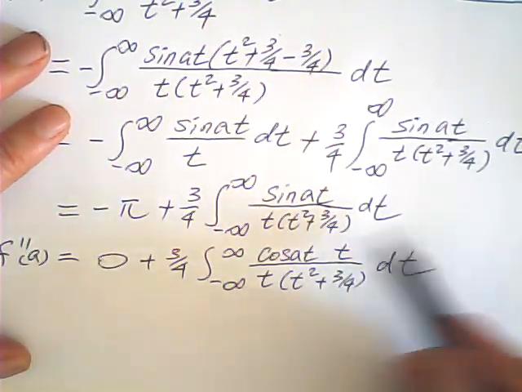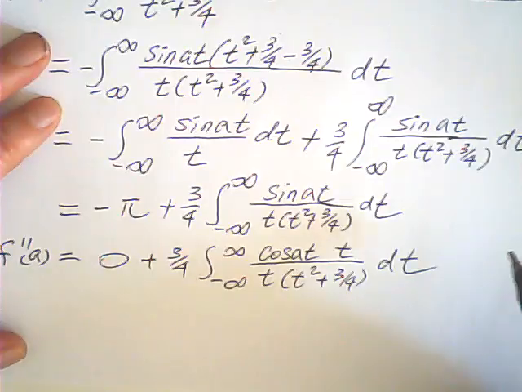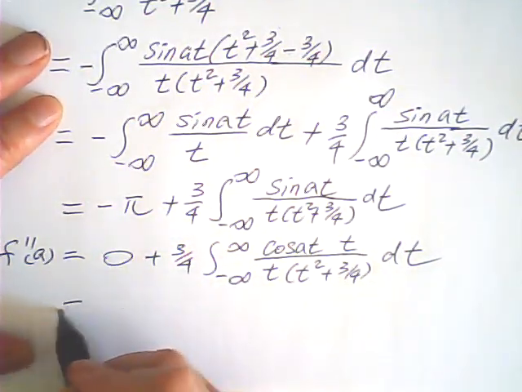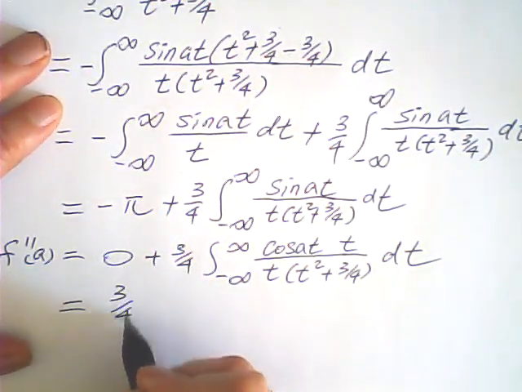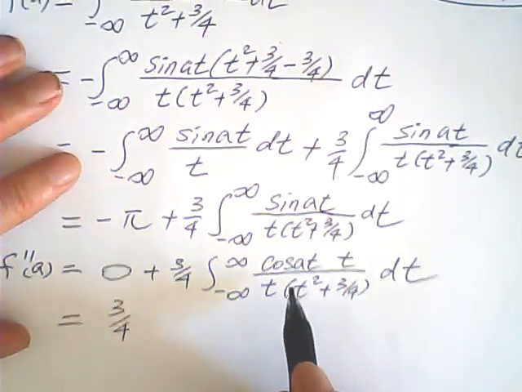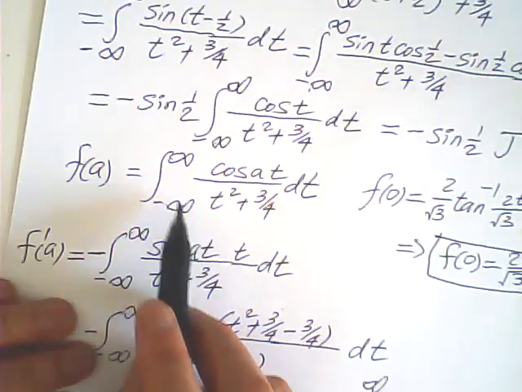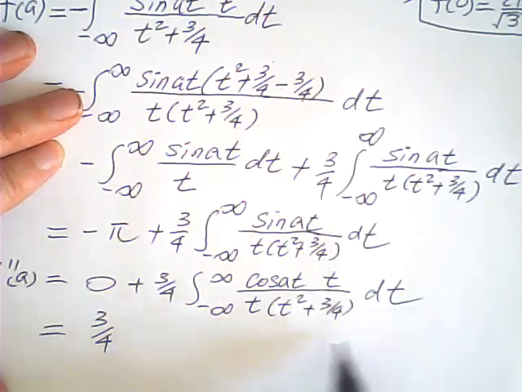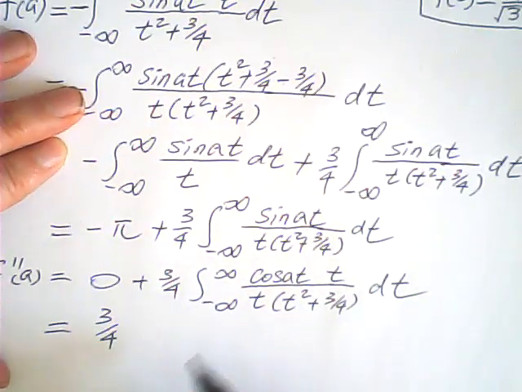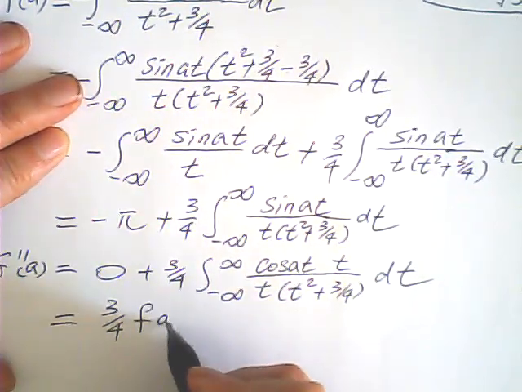Well, the t's cancel out. So what's left over is 3/4 of f of a.